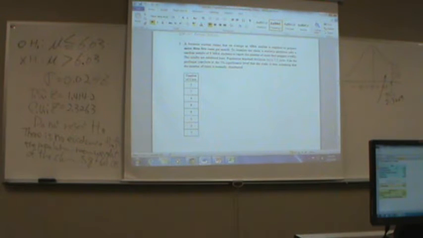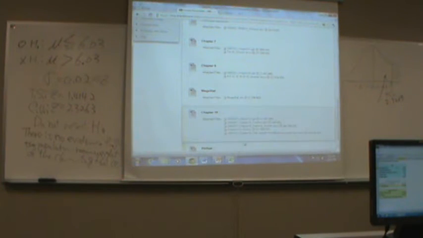Number 3 doesn't have data. So if you need the data, type it in.